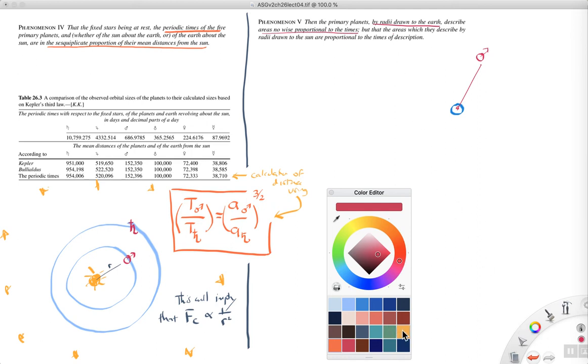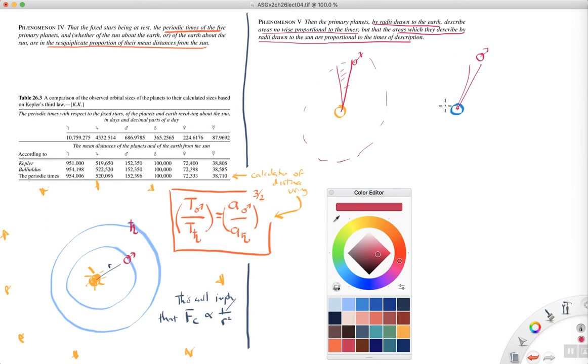But on the other hand, if you consider the sun to be the center of the solar system, and you look at the orbit of Mars around the sun, and you draw a radius to Mars from the sun, and you look at the area that it sweeps out, you'll find that the areas which they describe by radii drawn to the sun are proportional to the times of description.